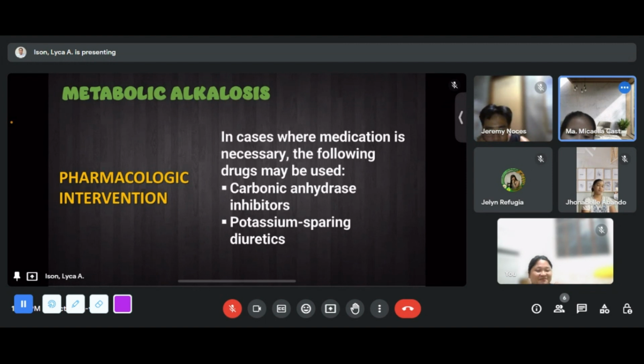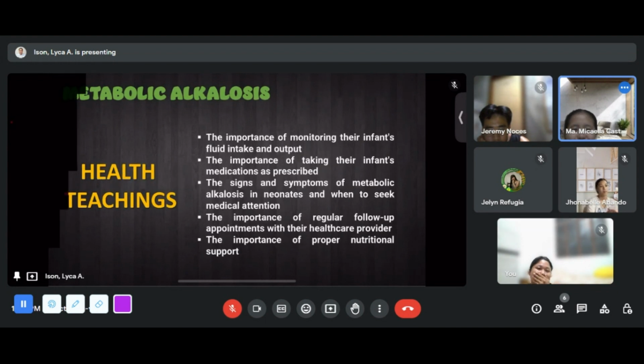Next. So health teaching: the importance of monitoring their infant's fluid intake and output. The importance of taking their infant's medication as prescribed.